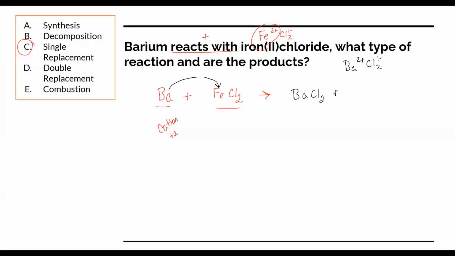They're the same, which means our balancing is going to be pretty easy, but you still want to do the crisscross to make sure. Okay, so barium is now with the chlorine, and the iron was kicked out and he's by himself. So those are our products: barium chloride and iron. All right. And what type of reaction and what are the products? We got that there.